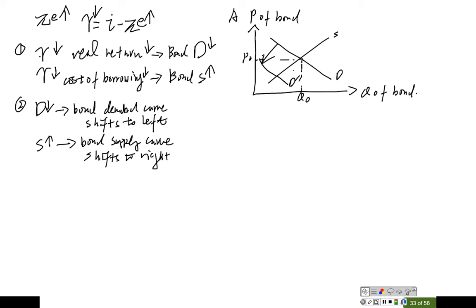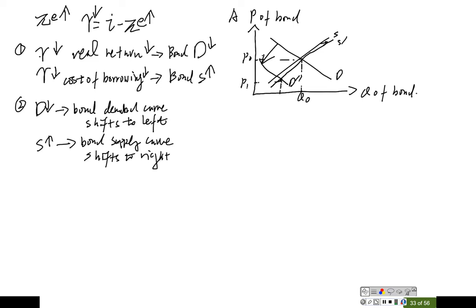And the supply curve shifts to the right, but here assume it only shifts a little bit. Now we can find the new equilibrium point using D prime and S prime. It's here.